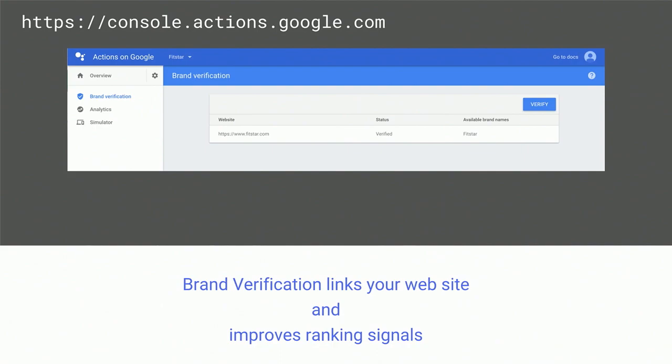Another thing that is helpful for your discovery is, if you have an associated website or soon an associated Android app, go through the brand verification step in your app console. This lets us establish a link between your assistant app and your web page, and in the near future, also any of your Android apps.